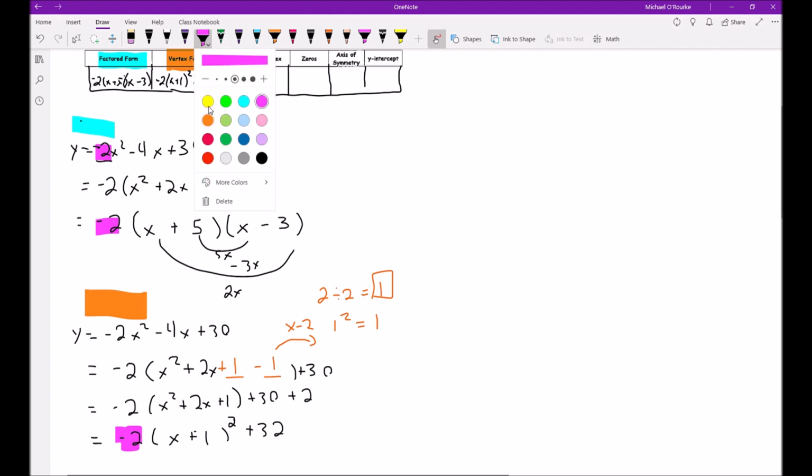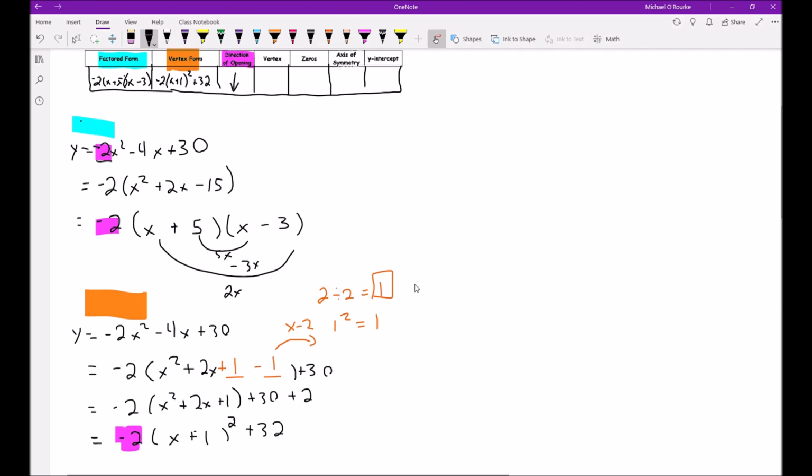Okay, can someone tell me my vertex for this in chat or live? Where do I get my vertex from? Now I have all 3 forms, but the easiest one to get is I go to my vertex form, and it's my h and k values.